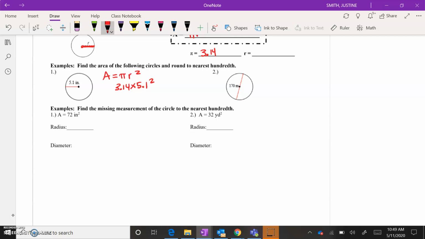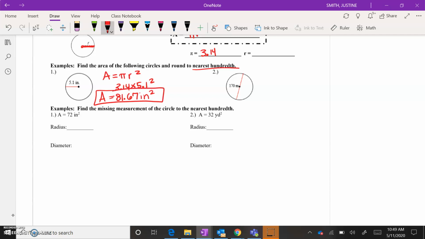Or you can do the caret and then 2. So you can use either of those. Or if you don't have that, you could just do 3.14 times 5.1 times 5.1. Okay, so this is going to give me 81.67 when I round it to the nearest hundredth here. And area is always your inches or your units squared.